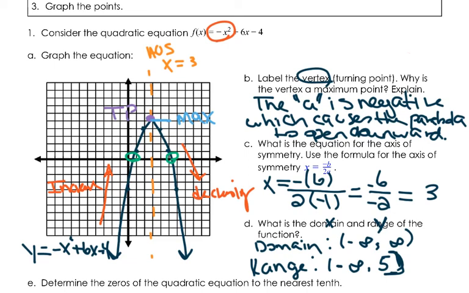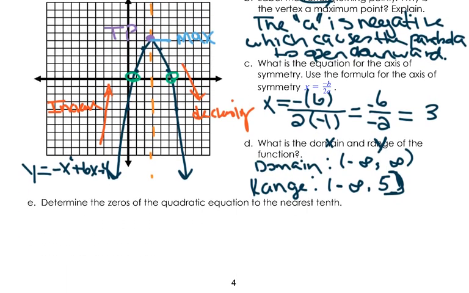Okay, now let's go down to our last point where it says determine the zeros of the quadratic equation to the nearest tenth. Another helpful tip, I know that my answer is going to have a decimal. So let's write it again. Negative x squared plus 6x minus 4 equals 0. And then I'm going to use the quadratic formula.